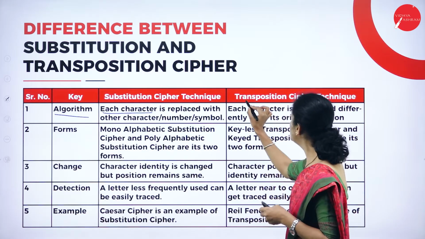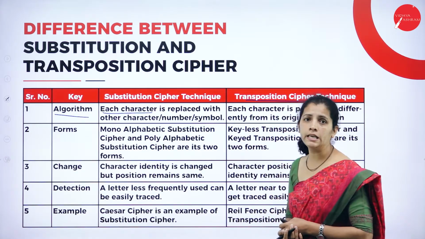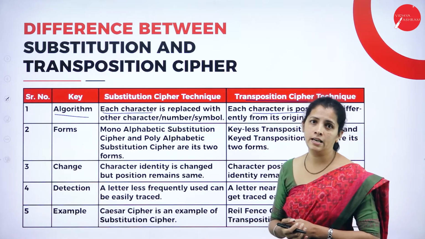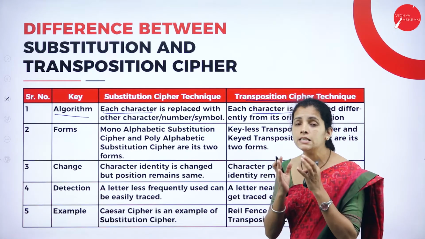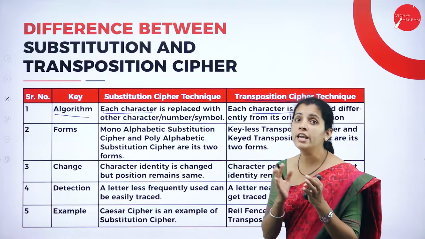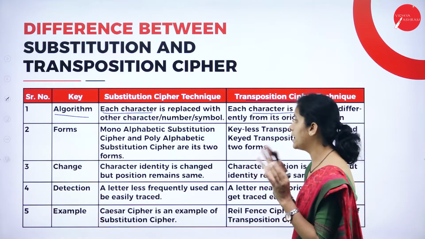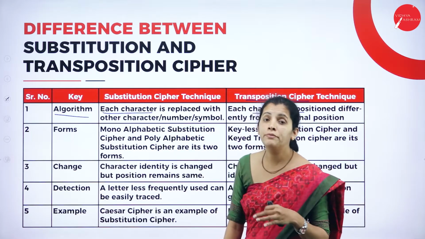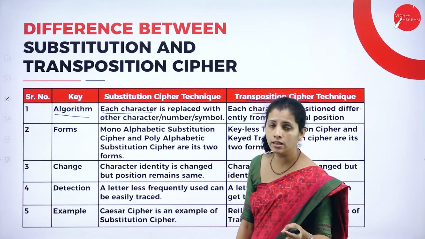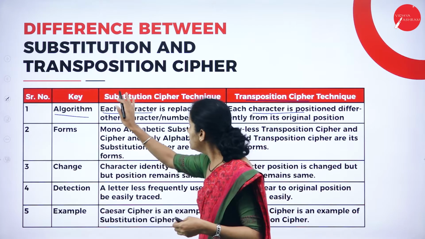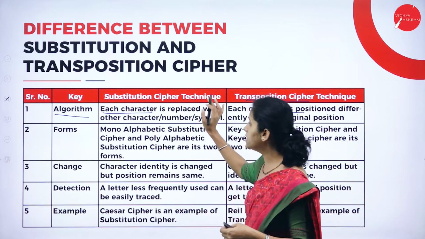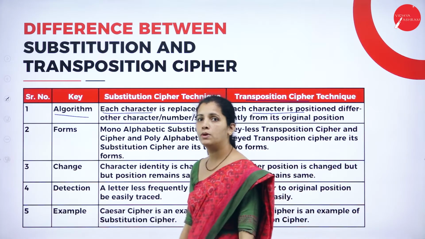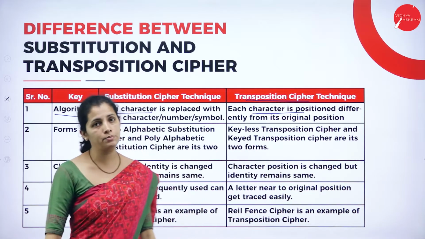But if I consider the transposition cipher technique, each character is positioned differently. That means I'm just going to reorder or rearrange the positions of the characters. Now, considering the different forms of algorithm, under the substitution cipher technique we have monoalphabetic substitution as well as polyalphabetic substitution.